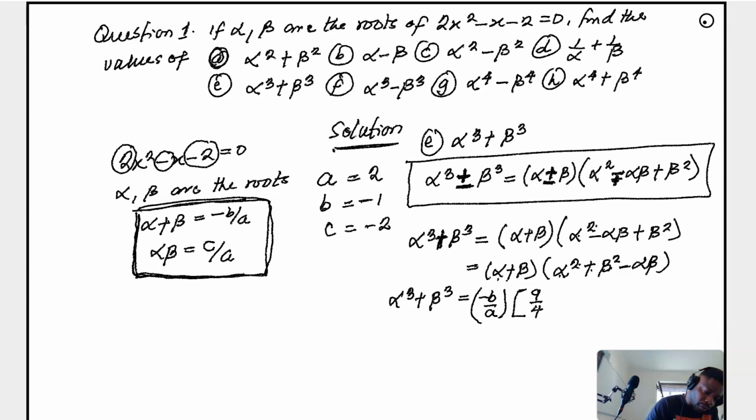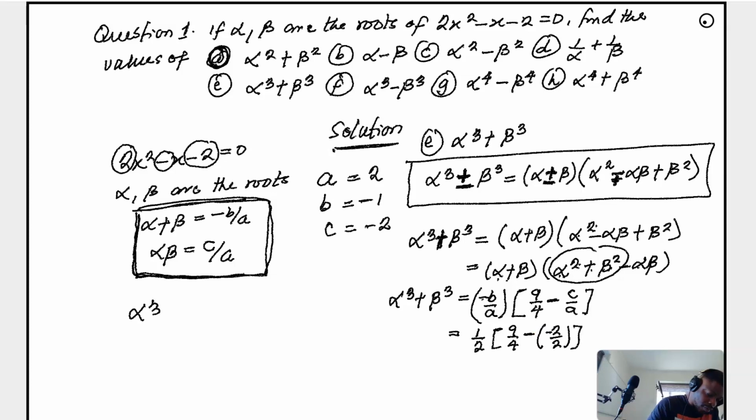And this is same thing as question A. Then minus alpha beta is c over a. Okay? So minus b over a is 1 over 2. This is 9 over 4 minus c over a, that is minus 2 over 2. Okay?